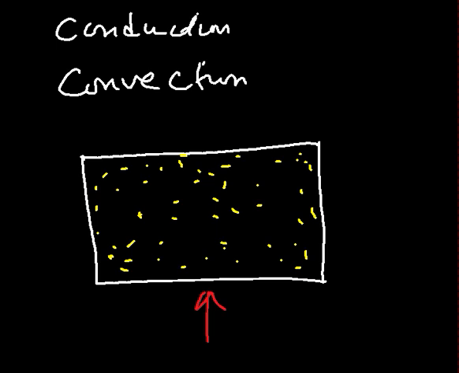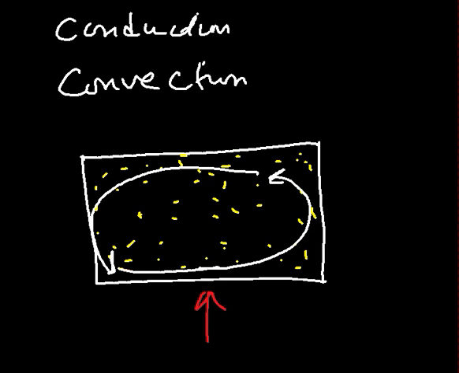The air particles down here will gain more kinetic energy, thereby becoming less dense. If that is the case, the particles will tend to go up. And the air particles up here are denser than the bottom particles, therefore they will sink down, and the process will occur continuously. That is what we call convection.